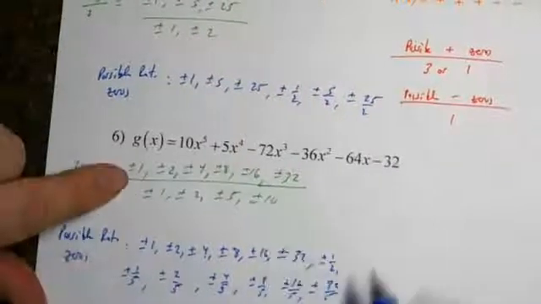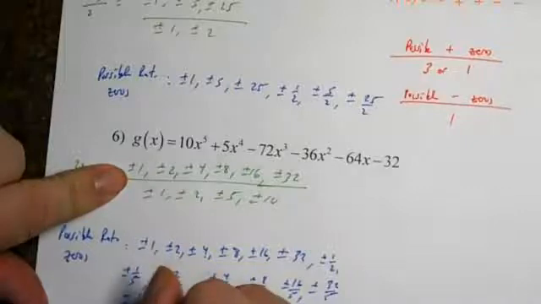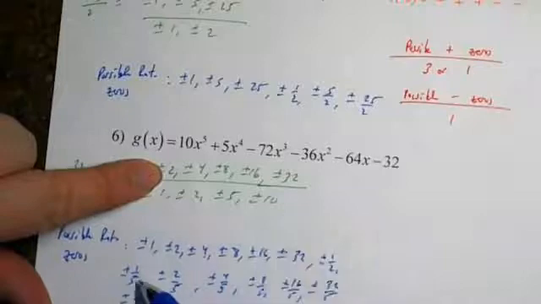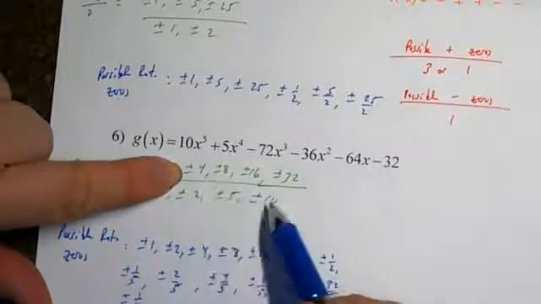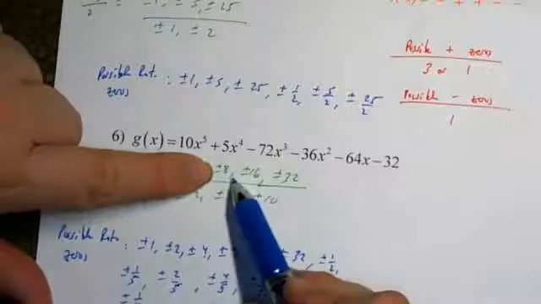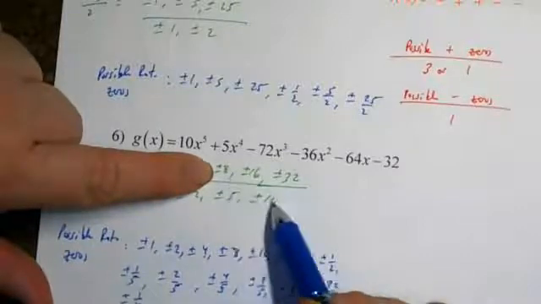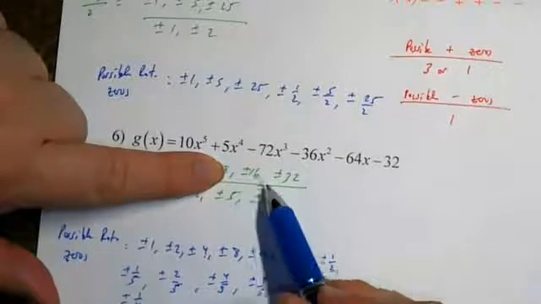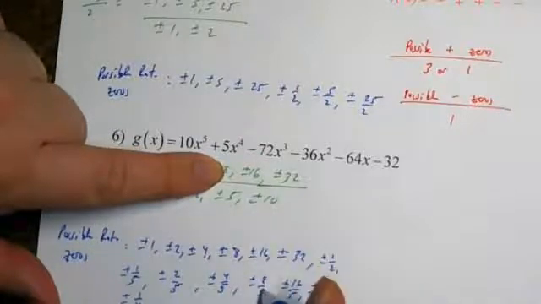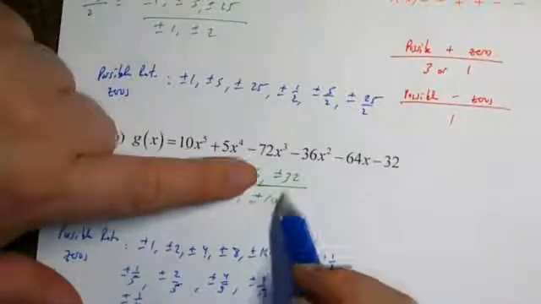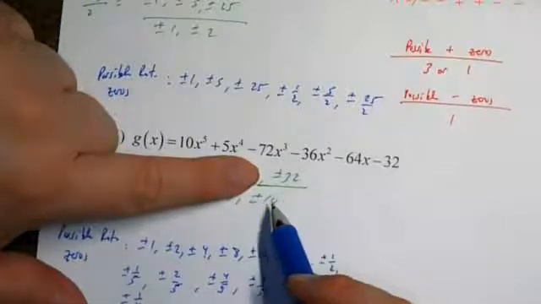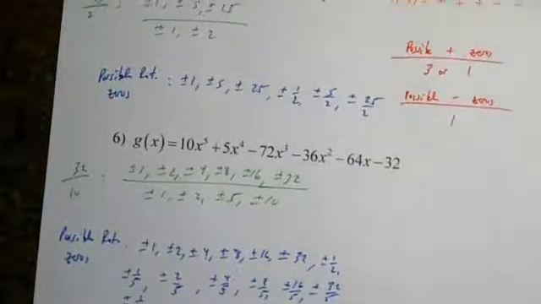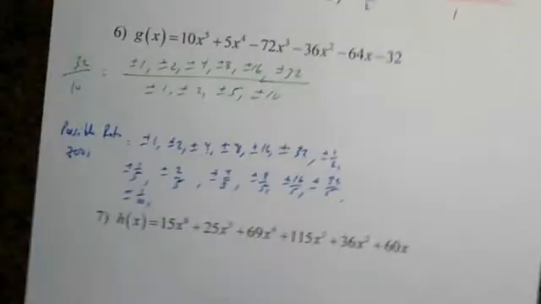And then 10, plus or minus 1/10. 2 over 10 is 1/5. 4 over 10 is 2/5. 8 over 10, 2 goes into that, that's 4/5. 16 over 10, that's 8 over 5, that's covered. 32 over 10, 2 goes into that 16 times, 2 goes into that 5 times, just 16/5. Okay, here are all the possible rational zeros.